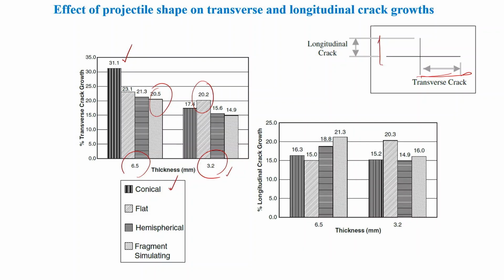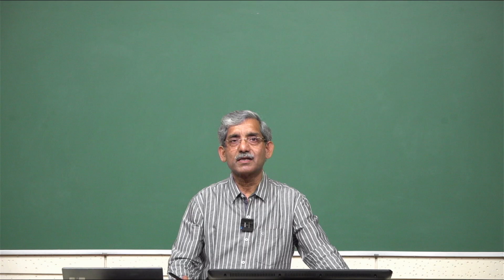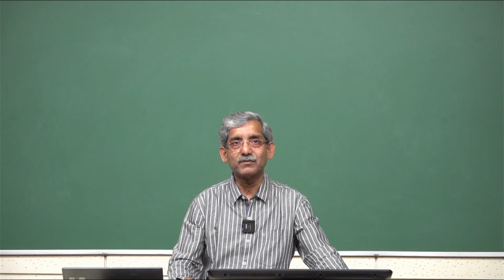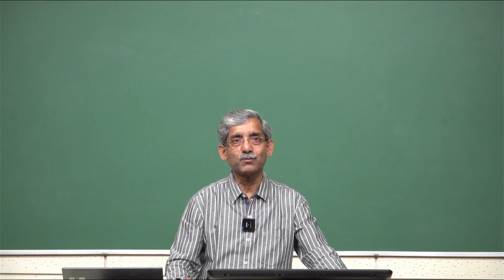But if you see the longitudinal crack, the trend is not that clear. This may be due to the different shapes. So, we have discussed the effect of different shapes of the projectile, and we will stop at this point.